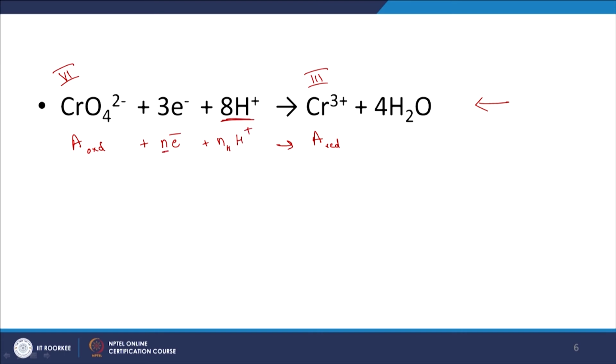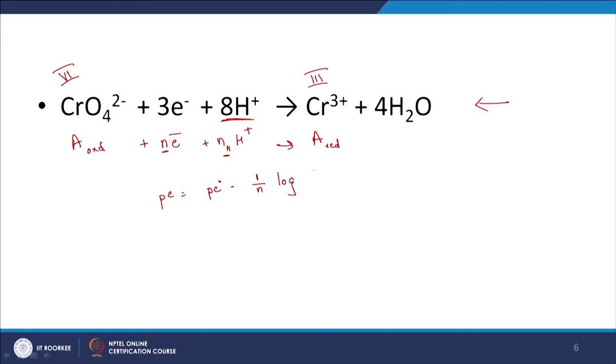Here n is the number of moles of electrons, and nH is the stoichiometric coefficient of H plus. Let us see how we can modify the equation for our particular case. We know that Pe is equal to Pe naught minus 1 by n log of q dash.